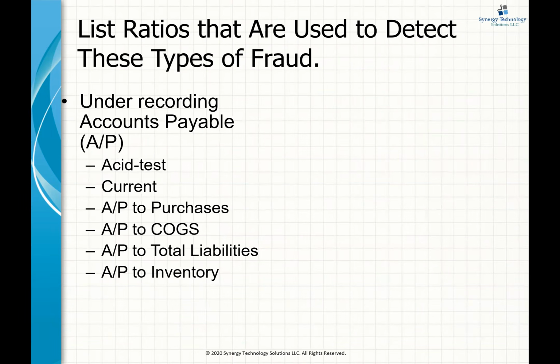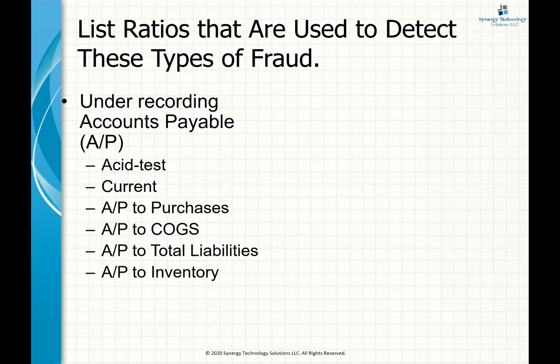Now, ratio analysis to detect fraud. You can do balance comparison, but you can also do ratio analysis and compare them from period to period to see if there are any unusual spikes or unusual numbers. For under-recording accounts payable, these are the ratios that will give you a good indication: the acid test, current ratio, AP to purchase ratio, AP to cost of goods sold ratio, AP to total liabilities ratio, AP to inventory ratio.